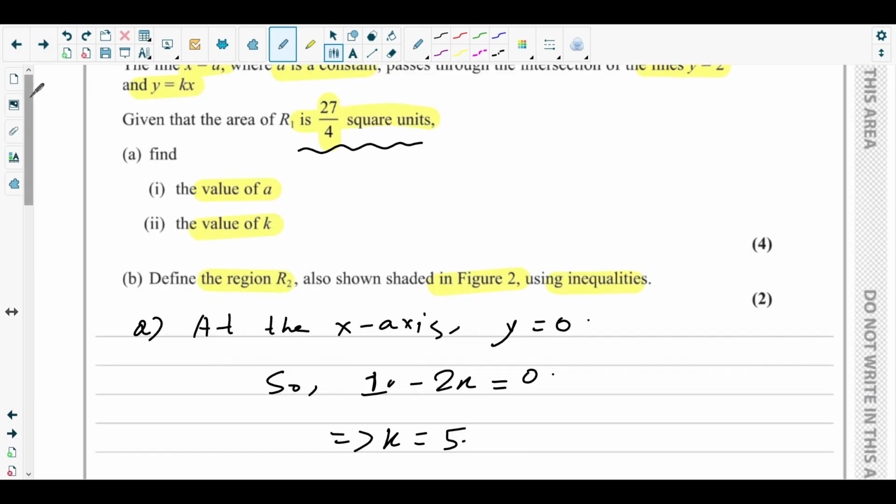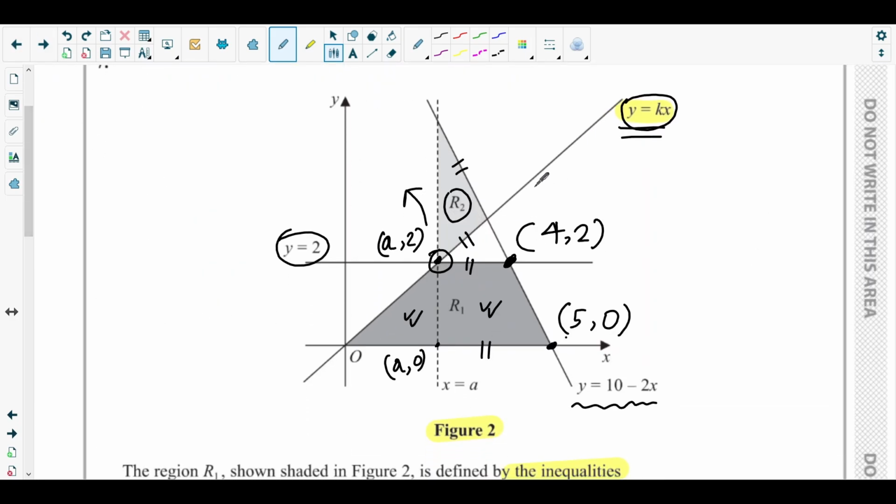Fine. And then we can see that the region R2, consider this line, the vertical line x equals a. The region R2 lies on the right side of the line x equals a. So on the right side it is what? Greater than. But you can see that in the region R2, the line x equals a, it is basically a dotted line. It's not solid.